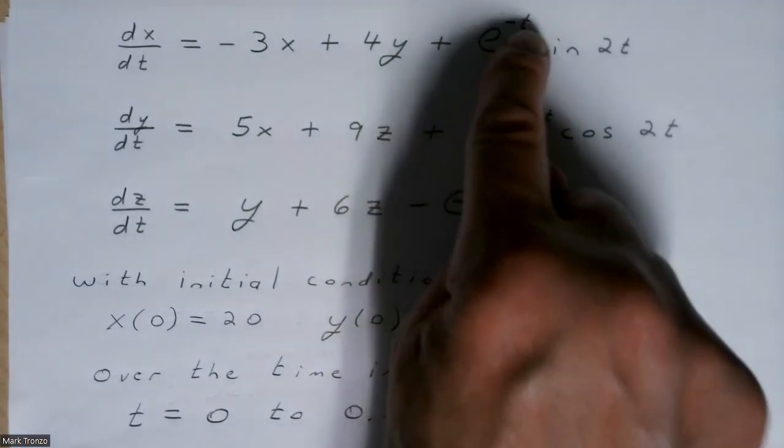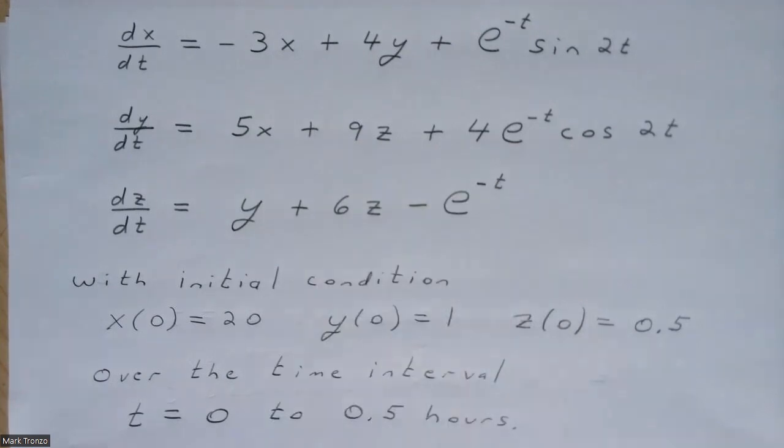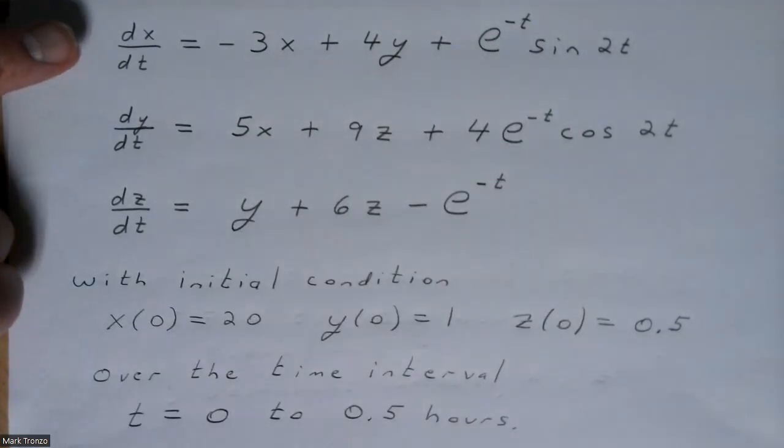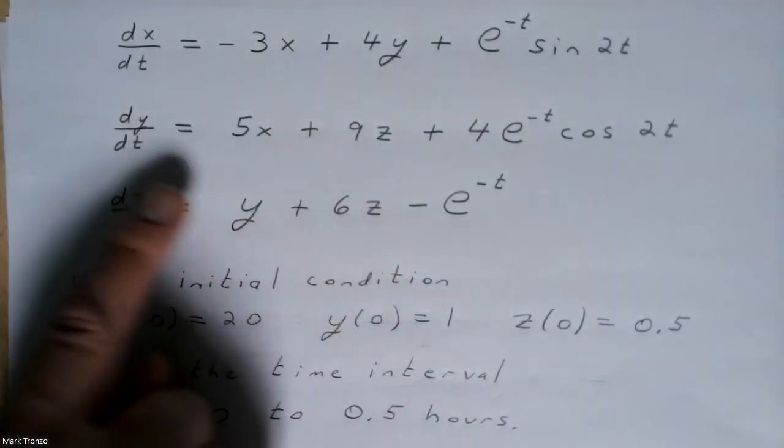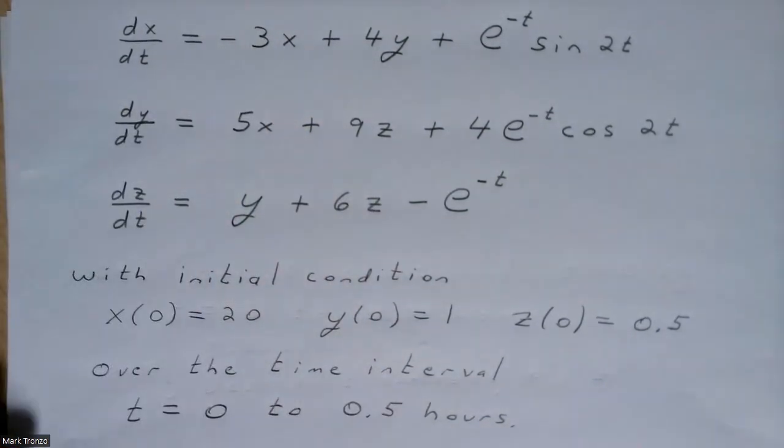We have one independent variable, t, and three dependent variables, x, y, and z. So be sure, that's one thing to note from the beginning.